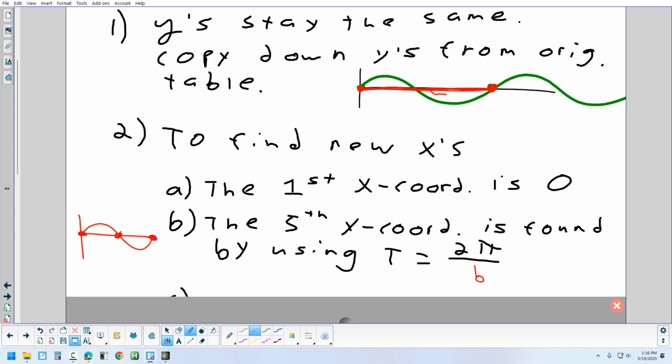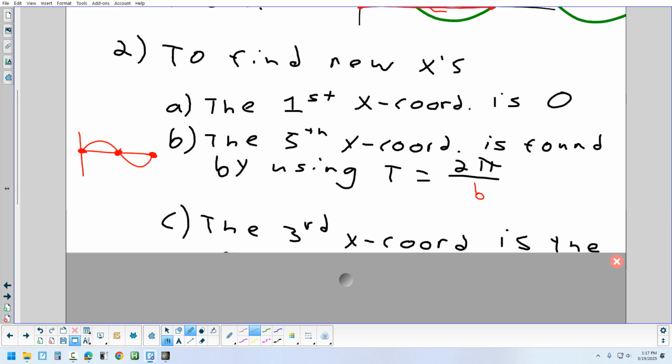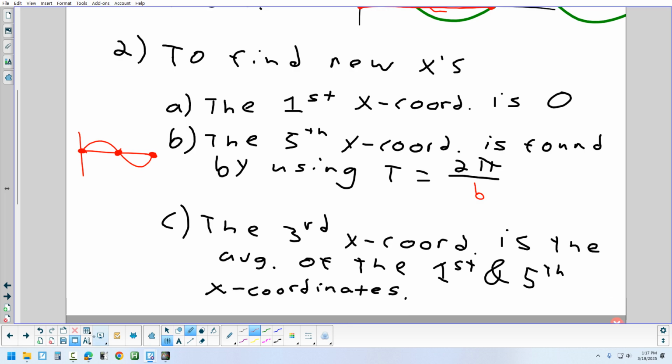What's that called? The average. So once you have the beginning and the end, you average those 2 to get the one in the middle. That's what we're going to call the third one. First point, third point, fifth point. So the average of the first and the fifth will give you the one in the middle.